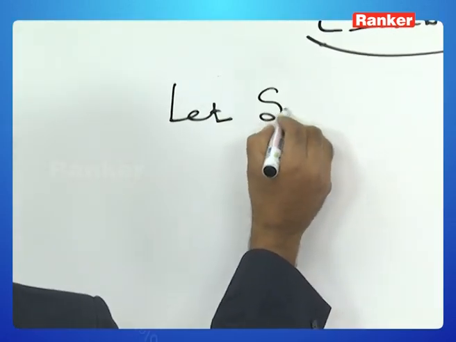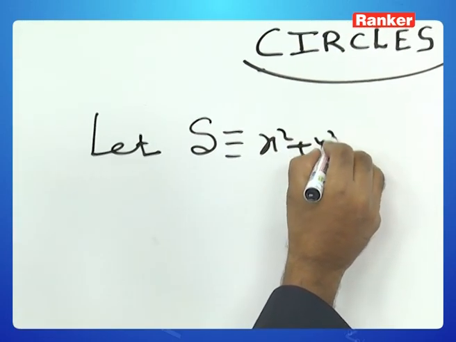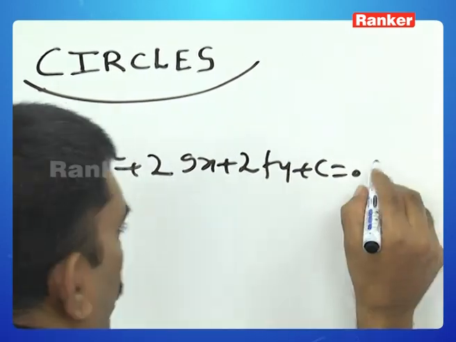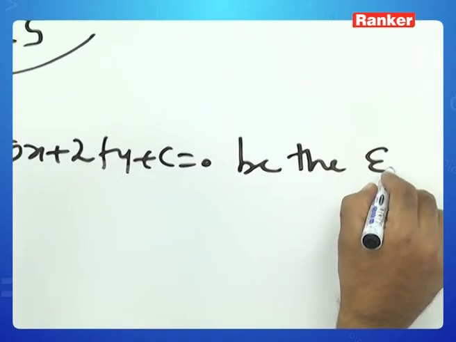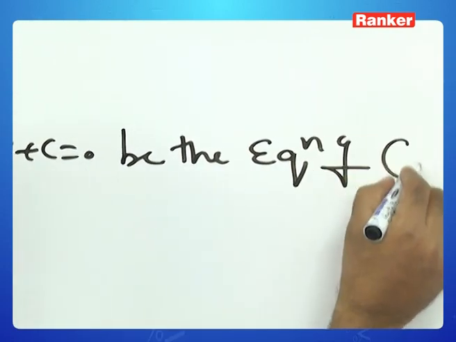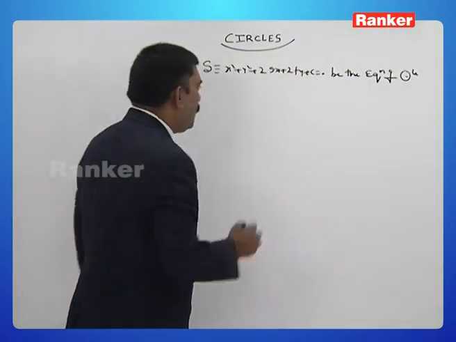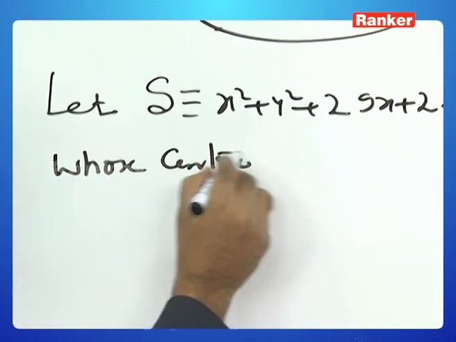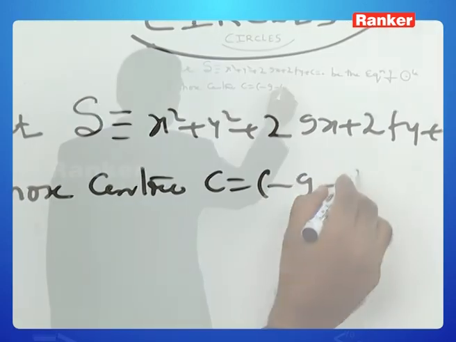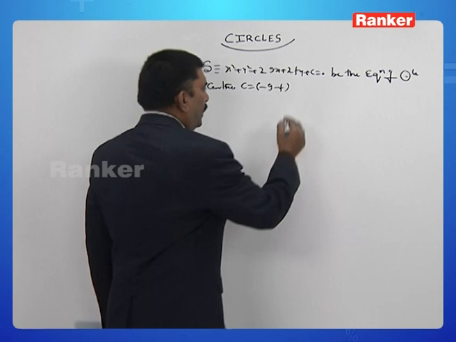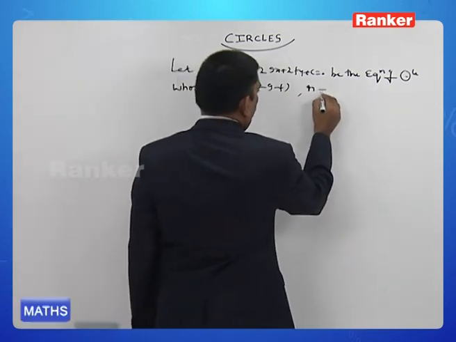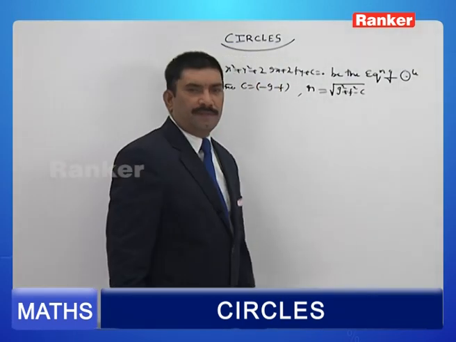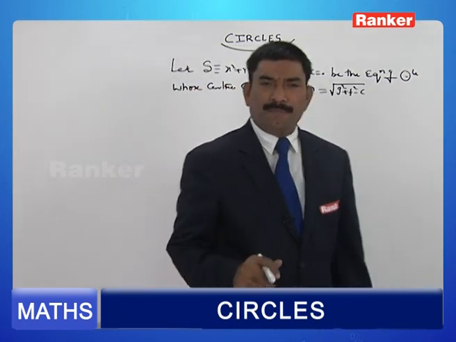Let S is equal to x square plus y square plus 2gx plus 2fy plus c is equal to 0 be the equation of a circle, whose center C is equal to minus g comma minus f and radius r is equal to square root of g square plus f square minus c.